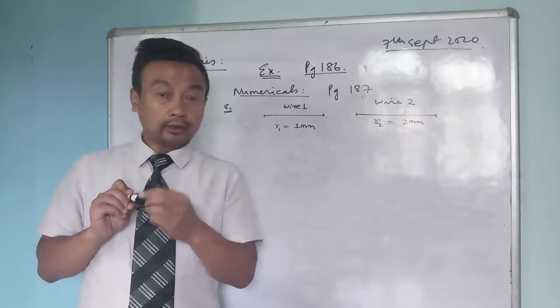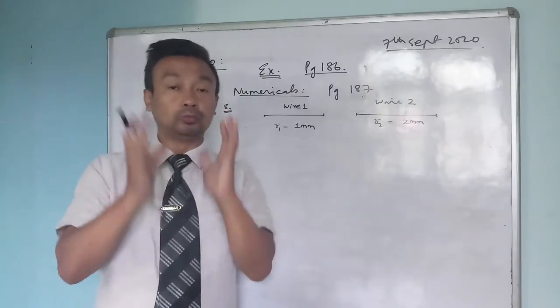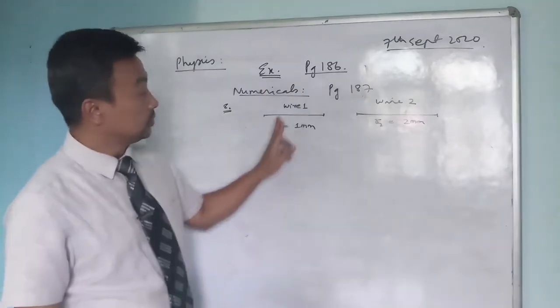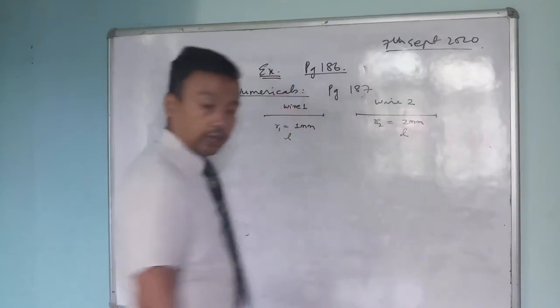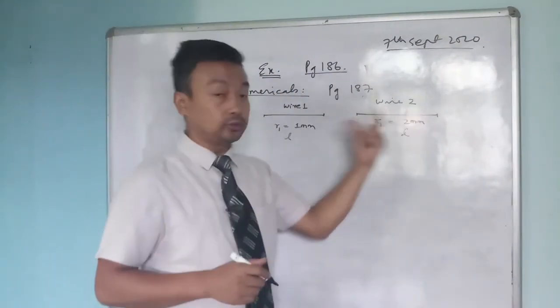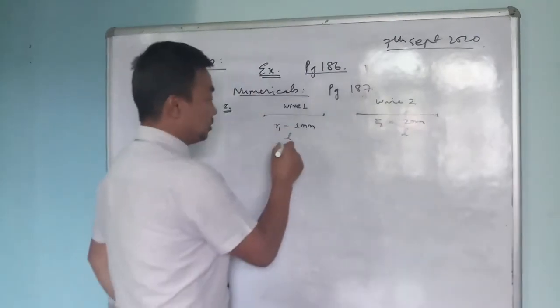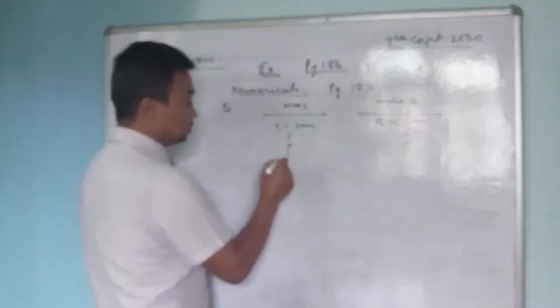The thicker the wire, the resistance is less, more flow of current. The thinner the wire, the resistance is more, less flow of current. The length is same in both cases, and the material is also same, which means the specific resistance is also same.